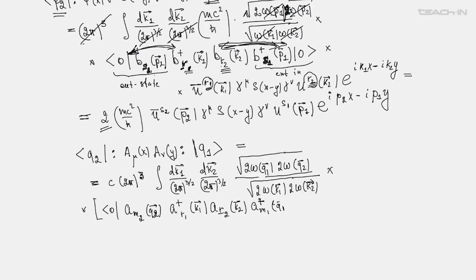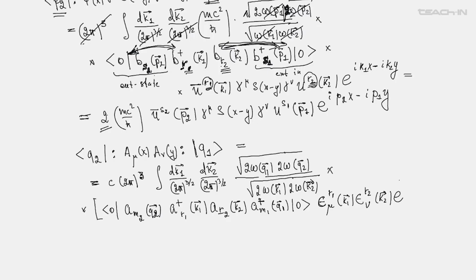But this is not the end of the story because, as I said, I need to multiply this with polarization vierbeins, epsilon mu R1, summation of R1 is assumed, depending on K1, and another one, R2 nu, on K2, like this. And then there is an exponential term, i k1 x minus i k2 y.